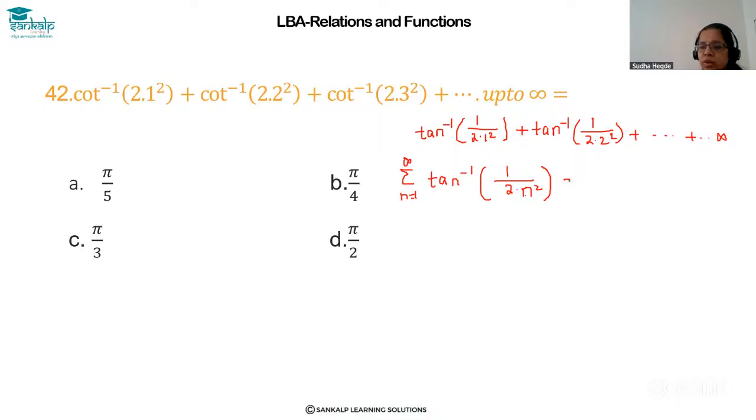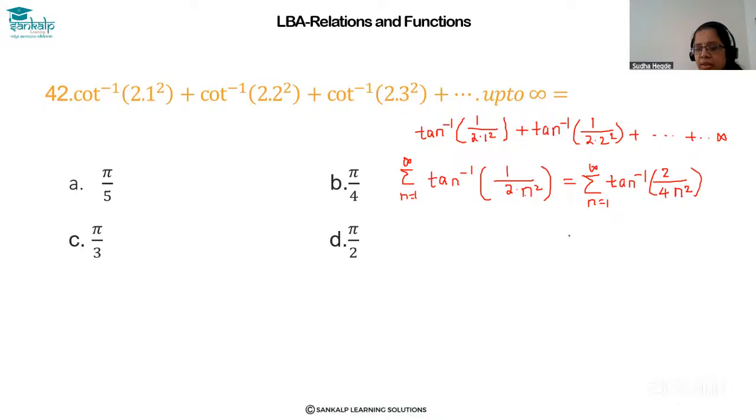So now you can rearrange this as summation n is equal to 1 to infinity tan inverse, multiply numerator and denominator of the angle by 2. So 2 divided by 4 n square.